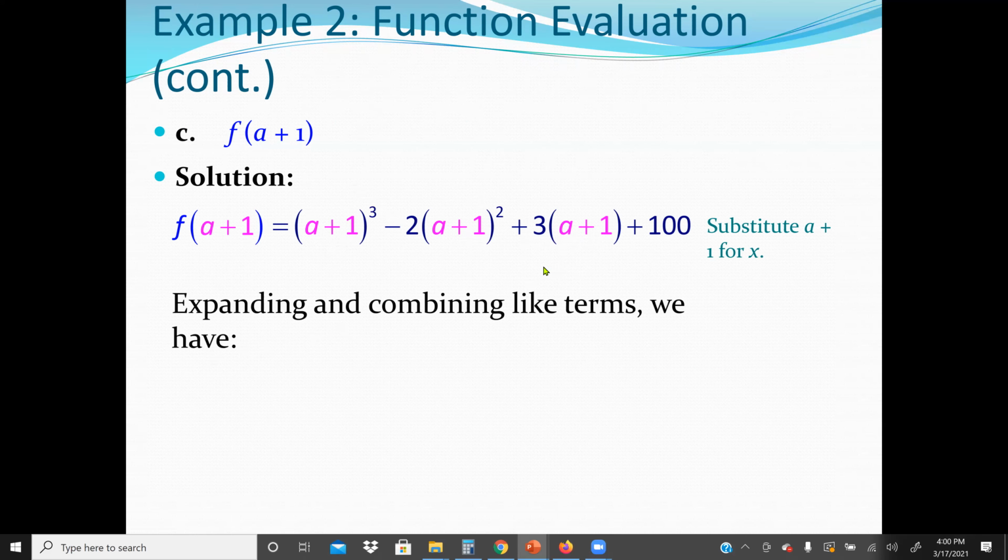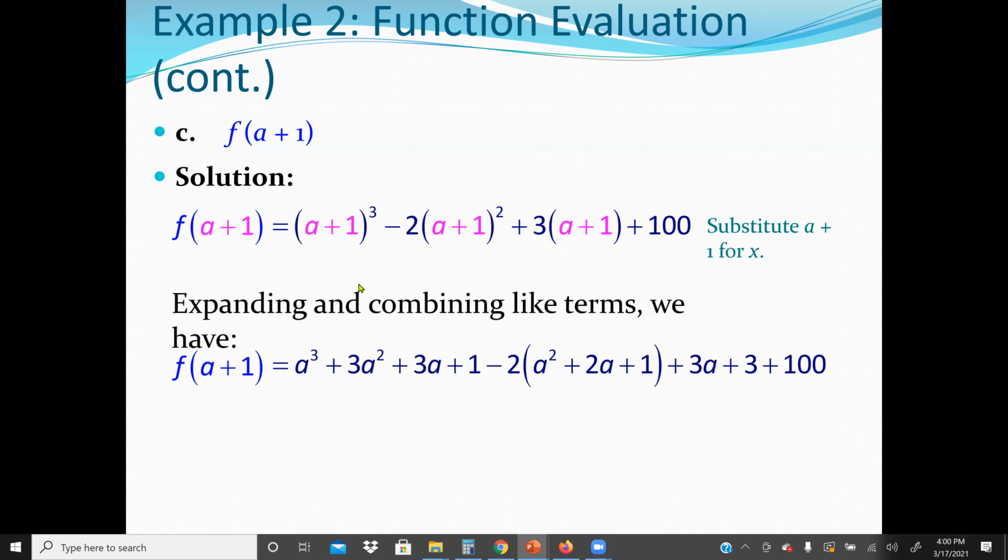Here we can expand our cube, which gives us a cubed plus 3a squared plus 3a plus 1, minus 2 times the perfect square, which gives us a squared plus 2a plus 1, then 3 times a and 3 times 1, plus 100. Now we combine the like terms.